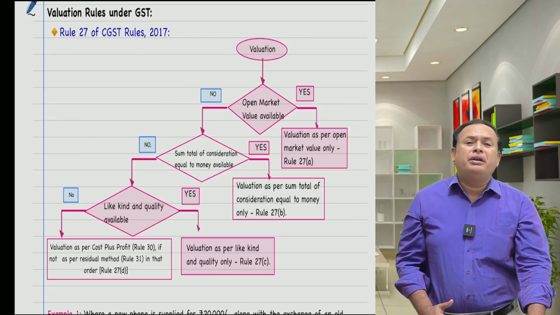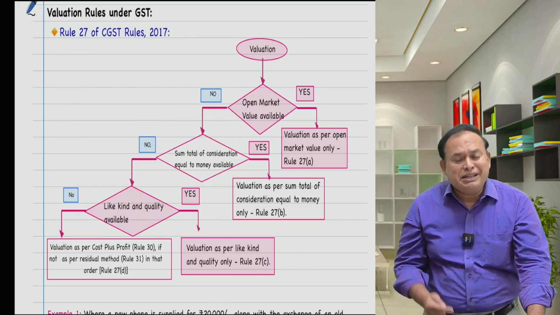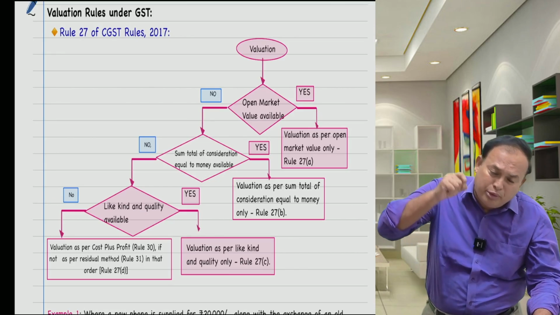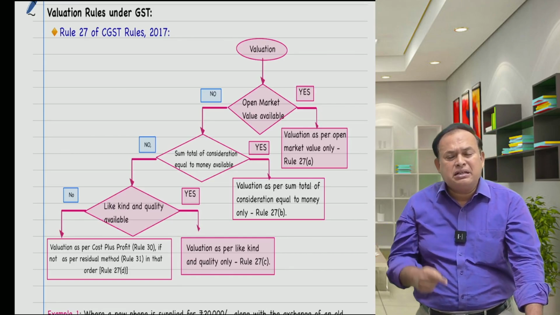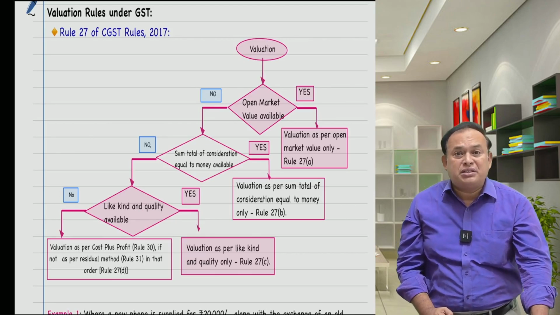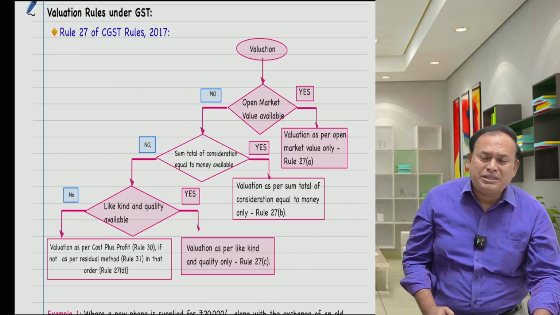Rule number 27B. See, rule number 27A is in consonance with rule number 27B. If rule number 27A is not in a position to determine correctly, come and refer to rule number 27B. If rule number 27B is also difficult, sir, how can we say that the worth of the material is not rupees 80,000, sir?